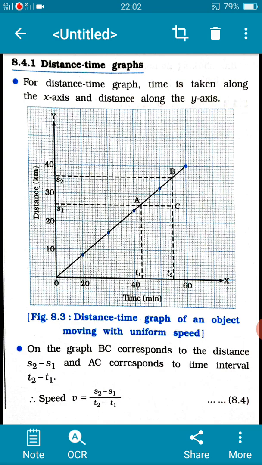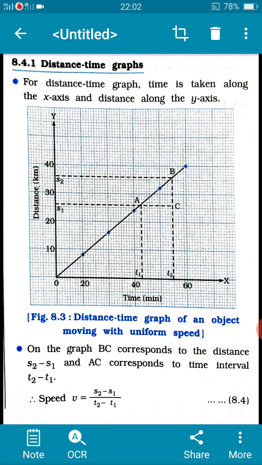As the time passes on, the distance also increases, and that also at a uniform rate. And instead of uniform speed, we can use the term uniform velocity if you take displacement along the y-axis in place of distance. Is that clear to you?